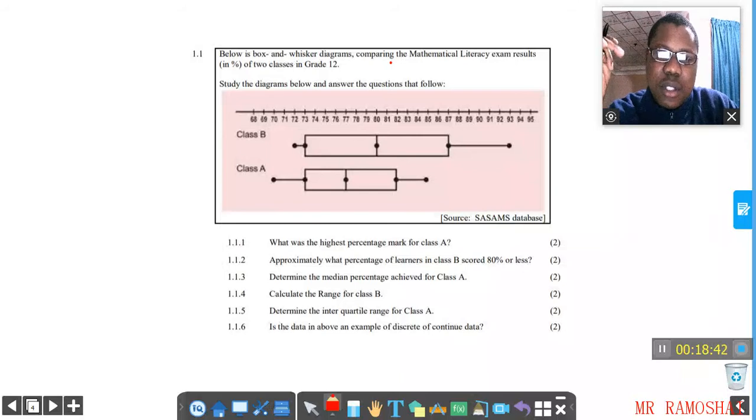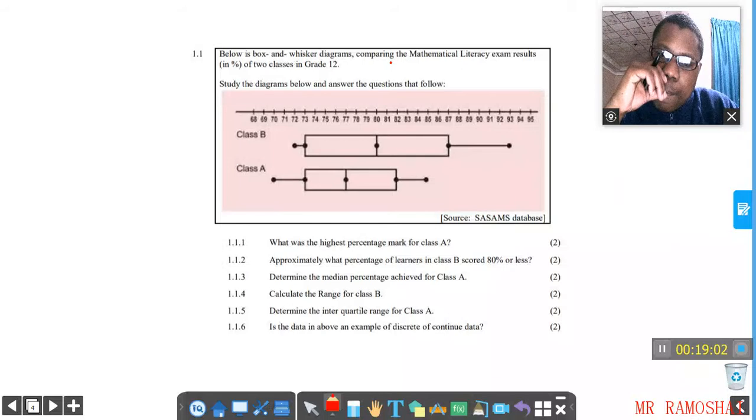Below is a box and whisker diagram comparing the mathematical literacy exam results in percentage of 2 classes in grade 12. Study the diagram below and answer the question that follows.